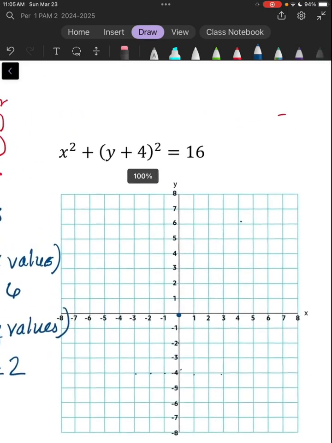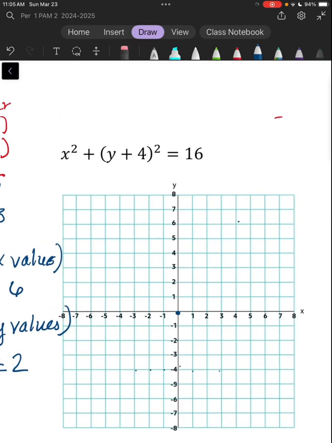Same idea, except notice that I don't have any parentheses around the x. So if we wanted to look at this, this is really like saying (x minus 0) squared plus my y. Look at that, I got a plus sign again. So minus -4.